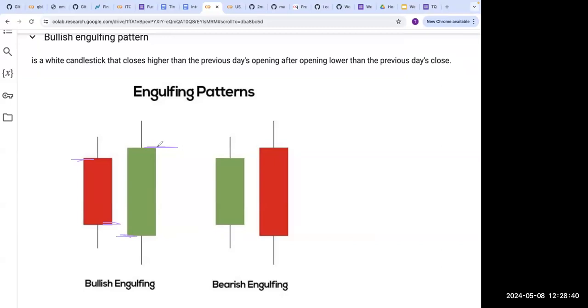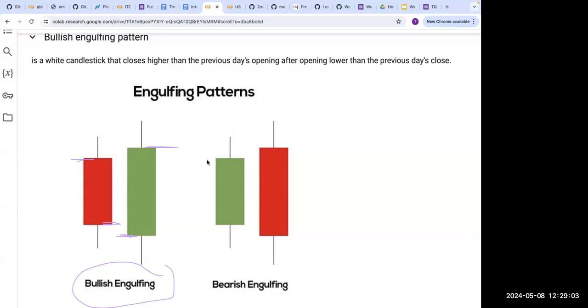So it's engulfing the loss it made on the previous day by increasing much more. This is very bullish news for the stock, right? So here you can see an engulfing pattern for a bullish stock, and the opposite would be the bearish one.